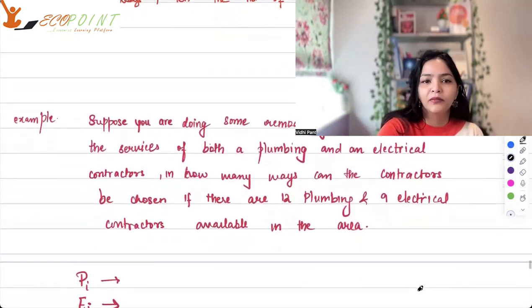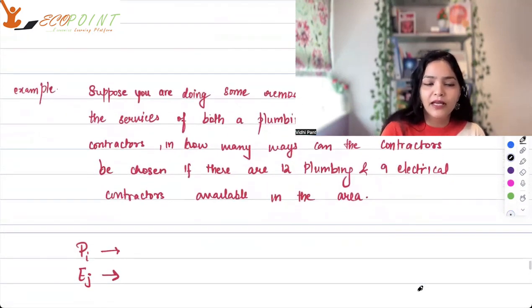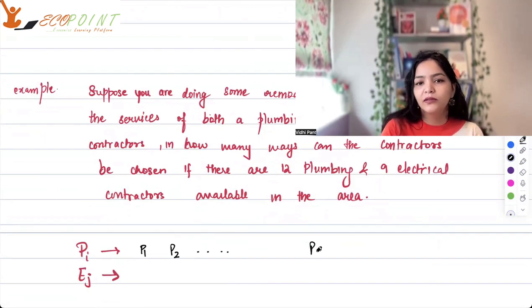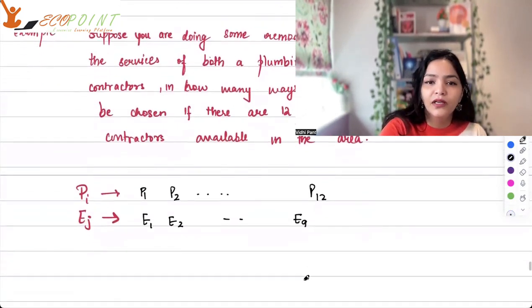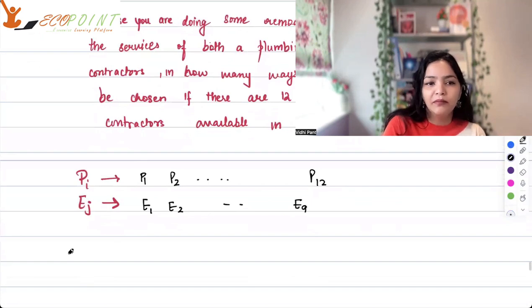Okay, so हम क्या कह सकते हैं, हमारे पास कितने प्लम्बर्स हैं या फिर प्लम्बिंग कॉन्ट्रैक्टर्स हैं? P1, P2, so on and so forth till P12. ठीक है. अब इलेक्ट्रिकल कॉन्ट्रैक्टर्स कितने हैं? E1, E2 till E9. अब मान लीजिए आपने P1 को चूज किया.